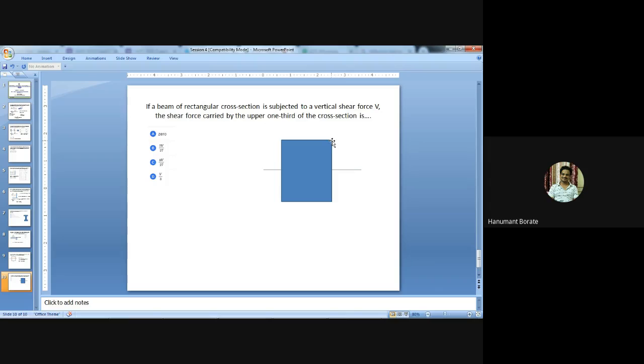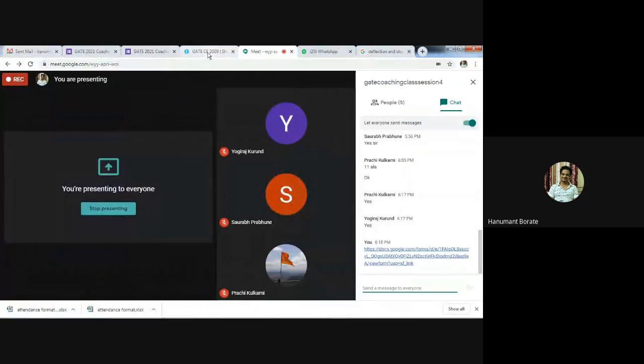Suppose L is the length, then we need to consider L by 2 into 1 by 3 at that distance, means we need to divide this part into 3 sections, 1/3. So if this distance is L by 2, we need to multiply by 1 by 3, and at this section we need to calculate the value of shear stress. So I will show you the question of shear stress.